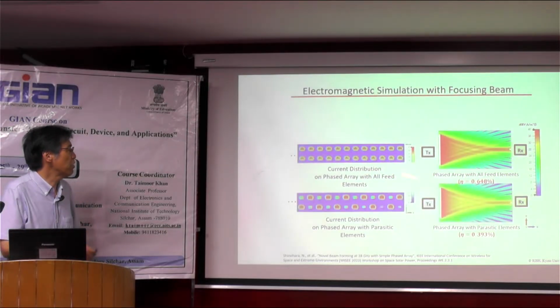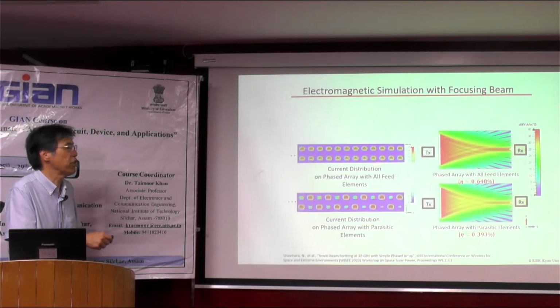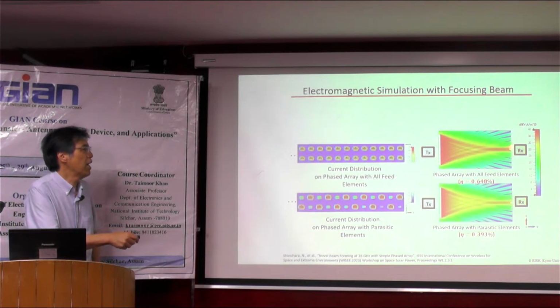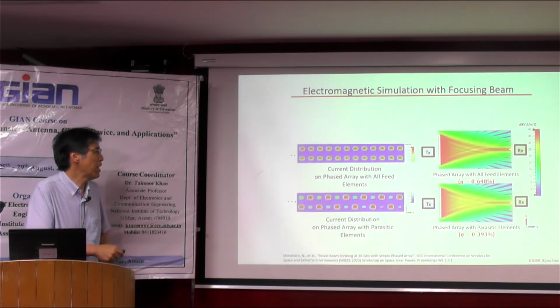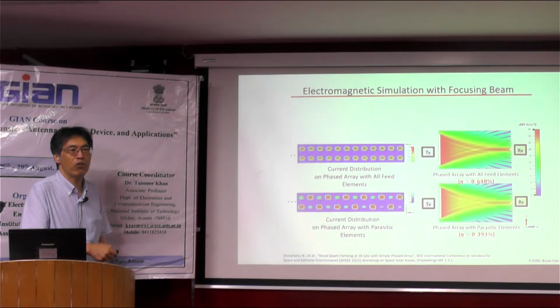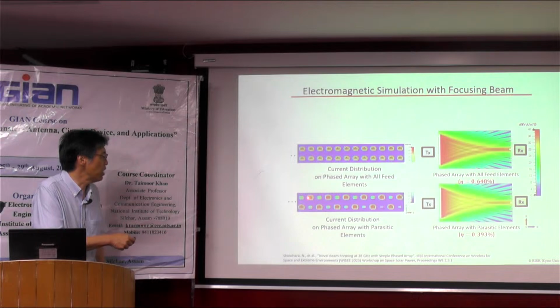And as a result, here, this is a normal phased array with all fielded antenna elements. In this case, we can focus the beam onto one point, and it's a very good phased array antenna, no problem. But when we use the parasitic element, we feed microwave power only to this antenna.